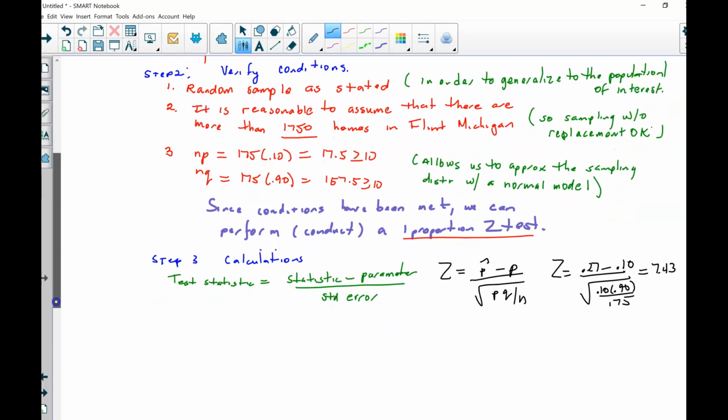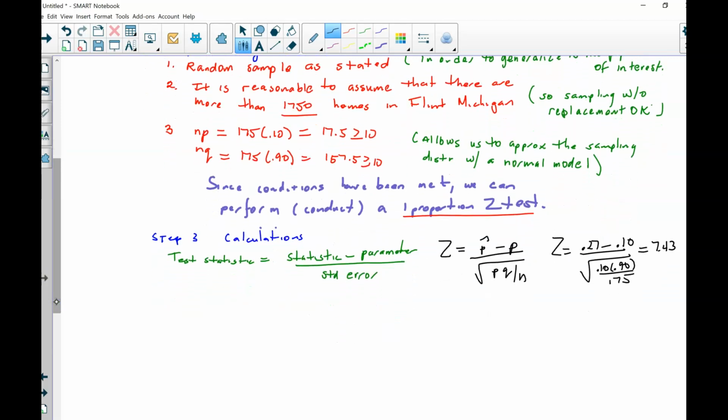So we're going to use that test statistic in order to calculate our p-value. So we're going to draw our typical bell curve, and we'll label it with the parameter and the p-hat first. So this is our parameter, and this is our test statistic.